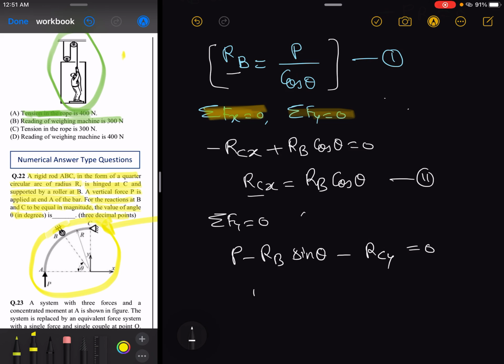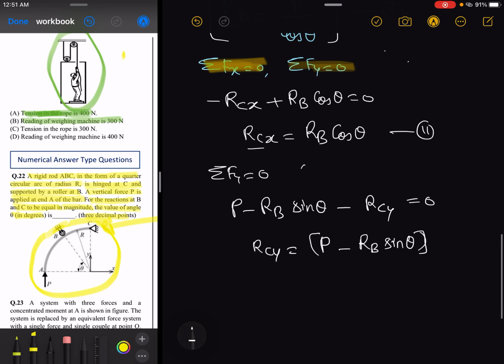So here RCY will be equal to P minus RB sin theta. So we are having this RCY.